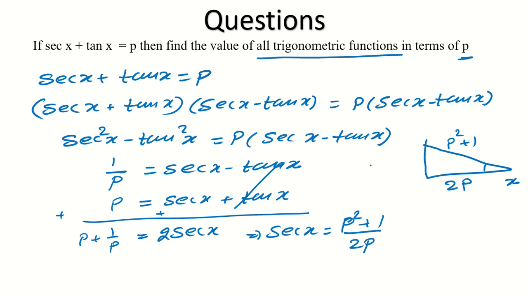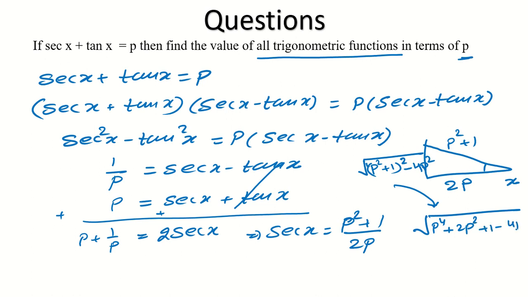So it will be under root p square plus 1 whole square minus 4p square by using the Pythagorean theorem. I am doing it here, p to the power 4 plus 2p square plus 1 minus 4p square.